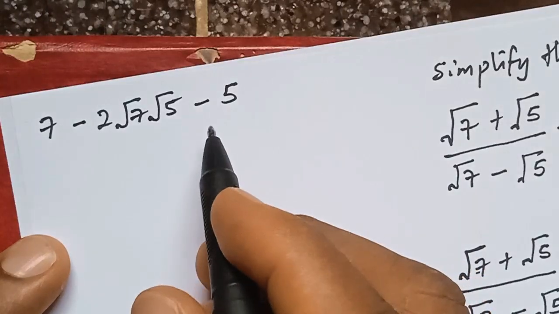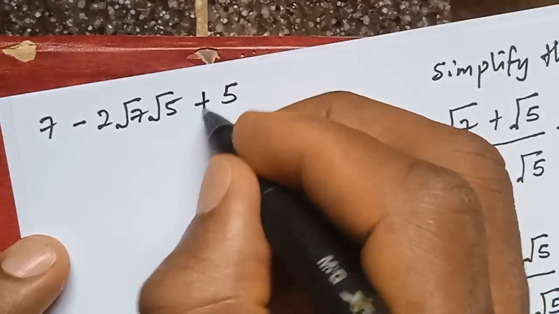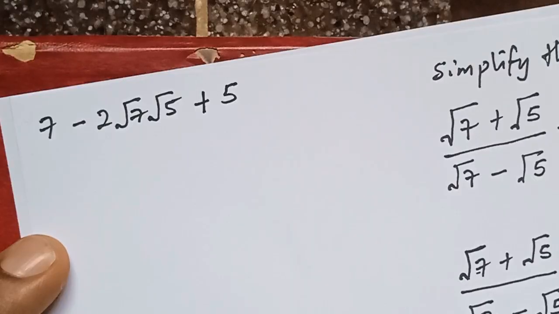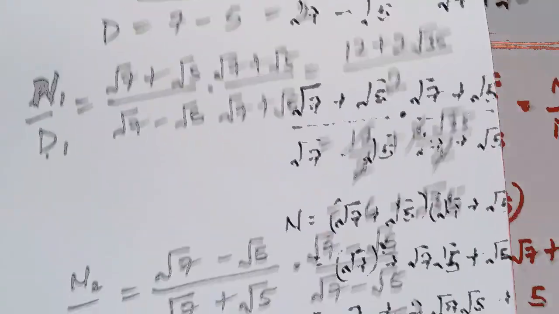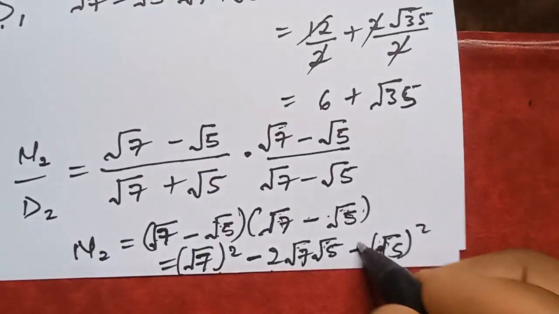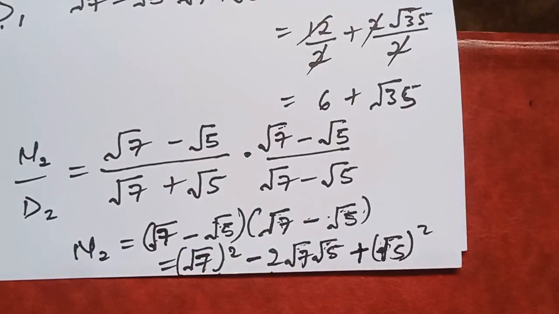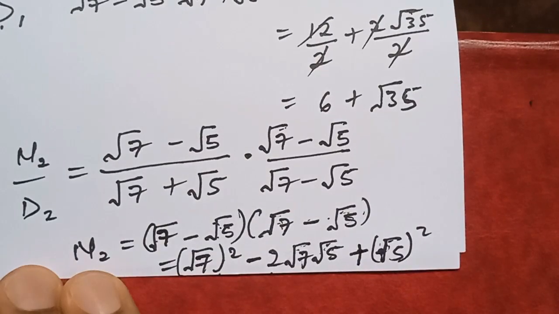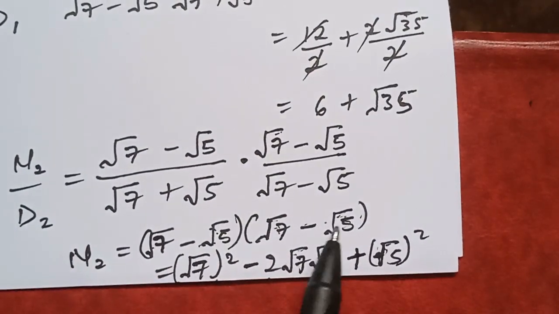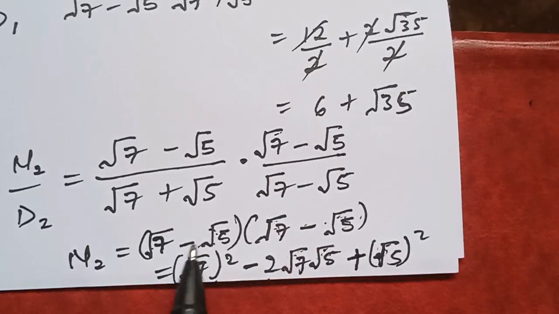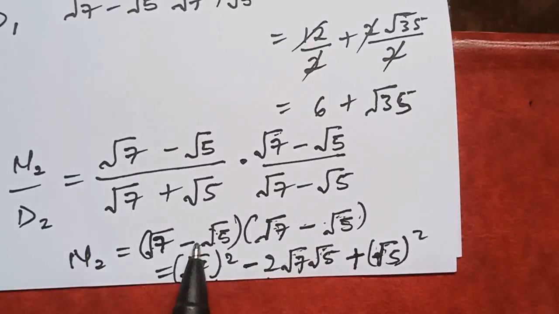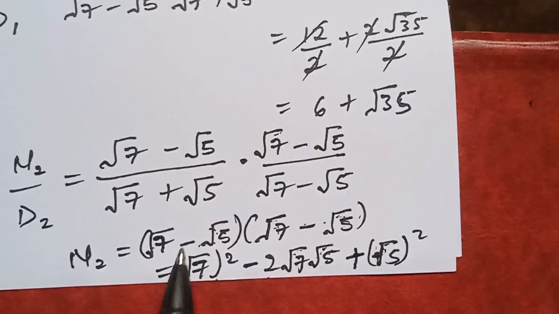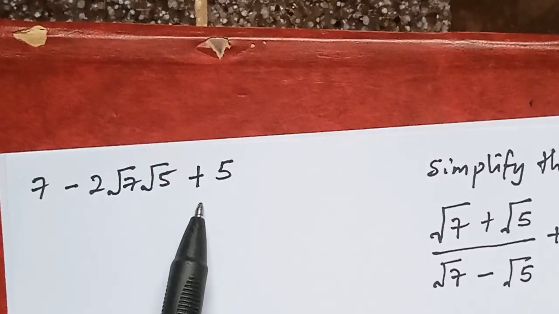So mind me, this will give us a positive sign. Okay, this gives us positive sign, not negative. If we multiply this and this, the negative will change to positive. Okay, so we have plus 5.